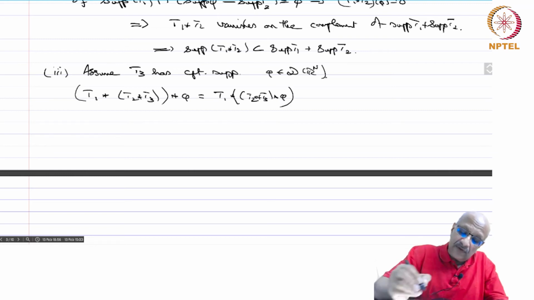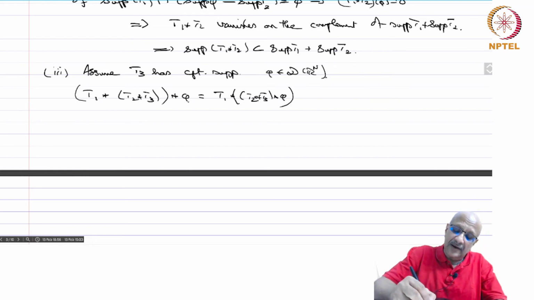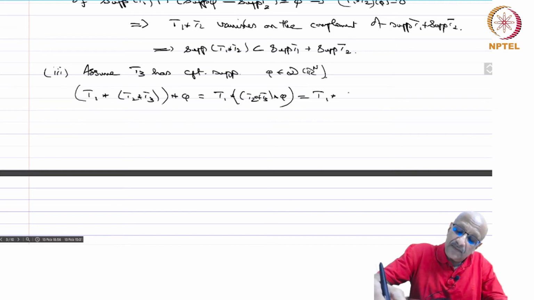Again, I am using the fact that you have two distributions and the star. So the convolution is characterized this way, okay, and that is equal to T1 star. Again, in the middle I am using once more that property, T2 star T3 star phi.